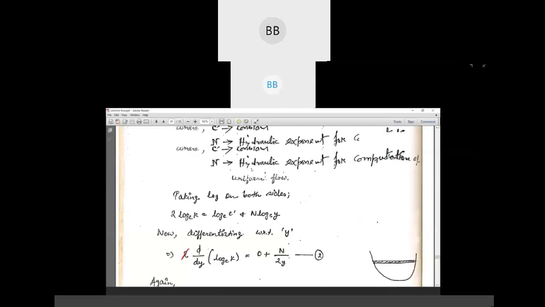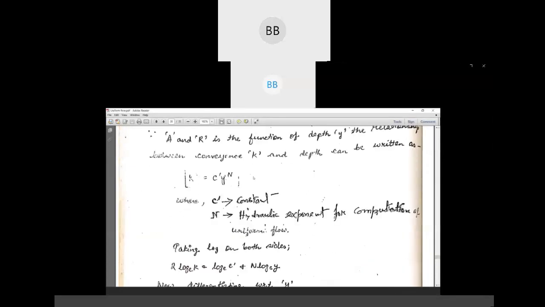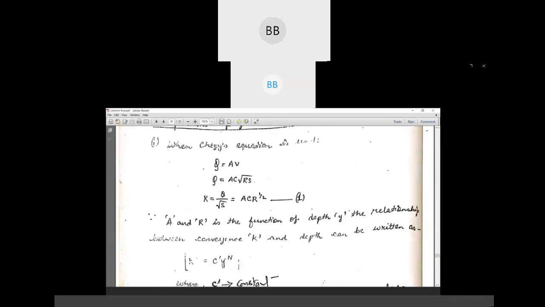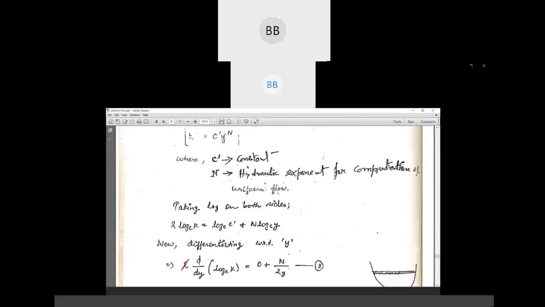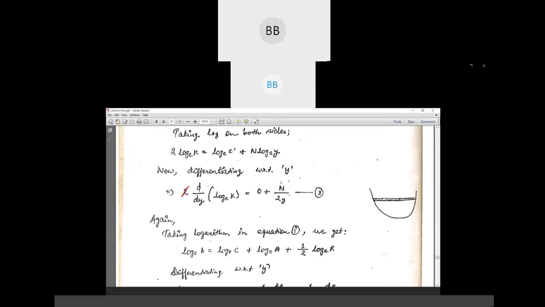So we have to remove this log ek. That is why we are not solving this differentiation. We replace this log ek by whatever log ek we are getting in equation number 1. Our intention is to find an expression for this capital N, that is your hydraulic exponent.